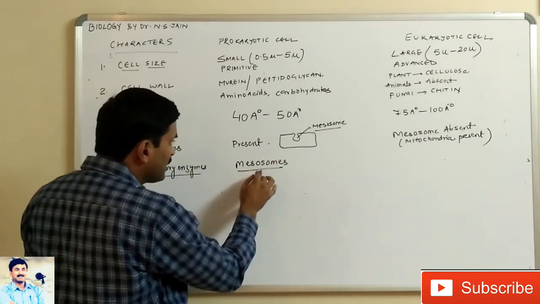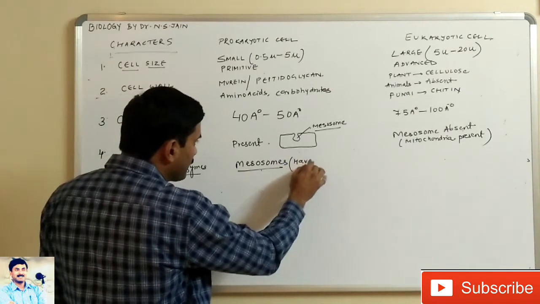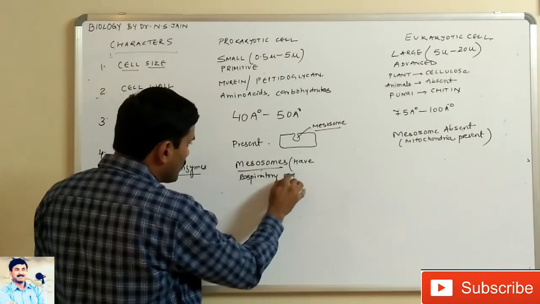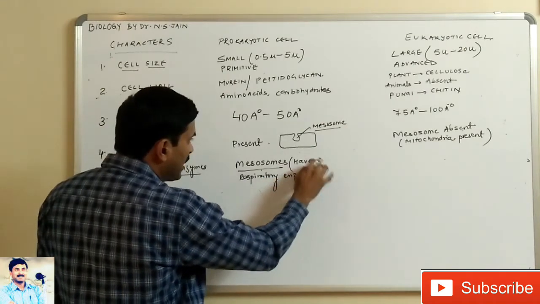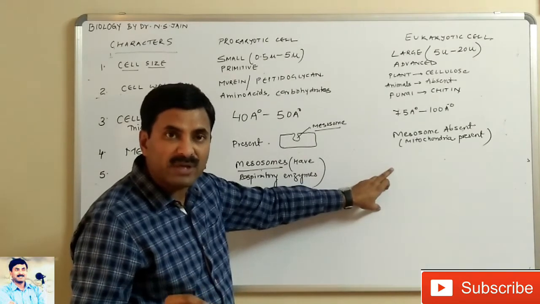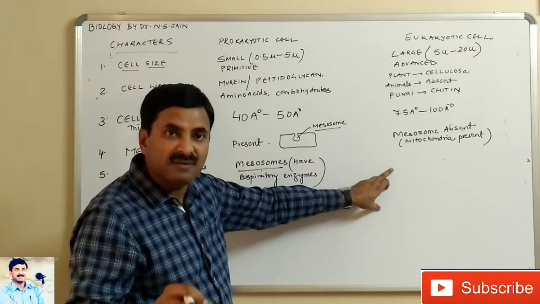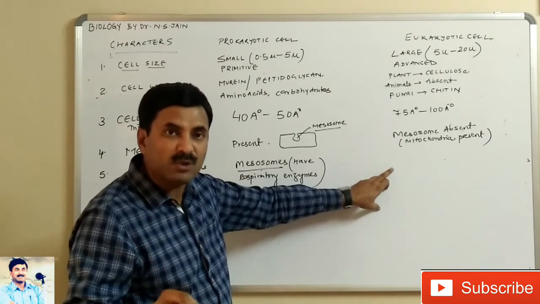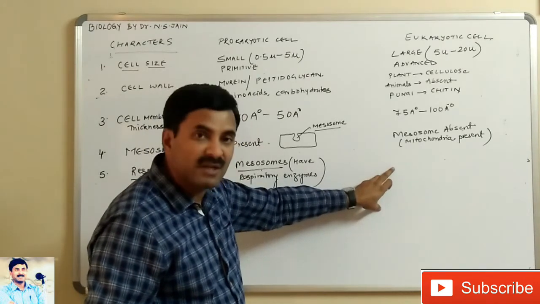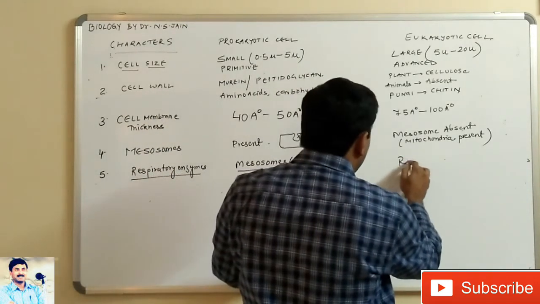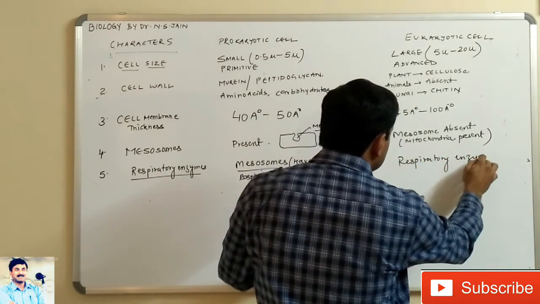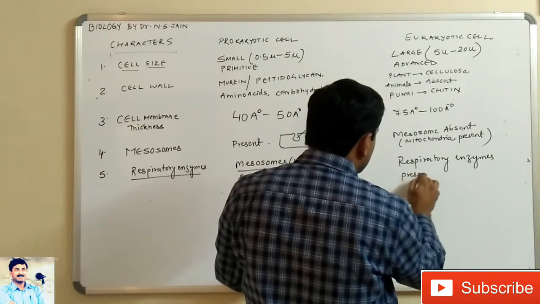While here, as mitochondria are present, we know that in the matrix of the mitochondria, the Krebs cycle continues, and in the oxysomes of the mitochondria, the electron transport system is present. We can say that here the respiratory enzymes are present in mitochondria.